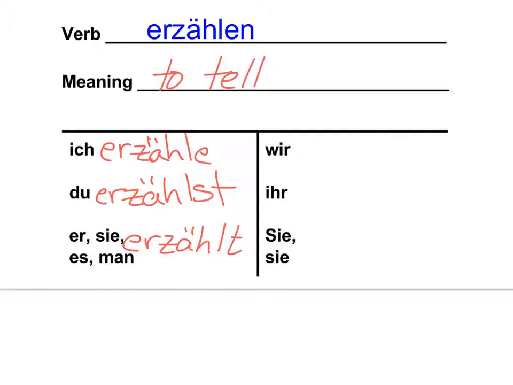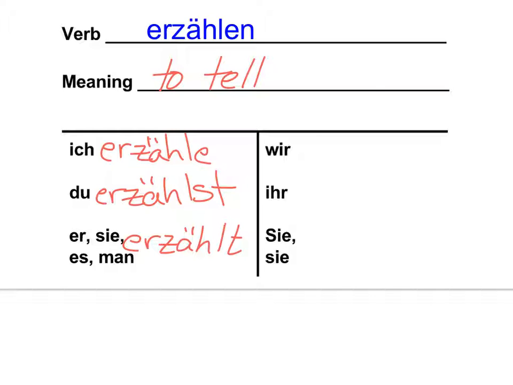Erzählt. Try it again. Okay, there's like four of you doing it. I want everybody to do it. It's the only way you learn how to pronounce things correctly. Try it again. Erzählt. Better. Still wasn't quite everybody.